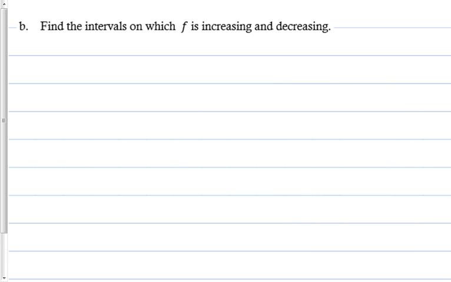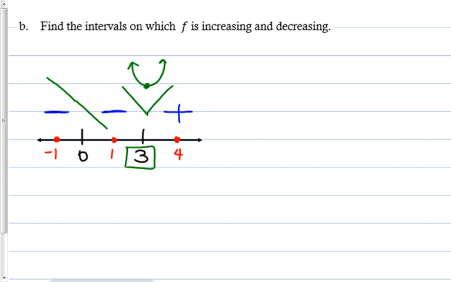B, find the intervals on which f is increasing and decreasing. Now the thing with B is, I actually need the sign chart from A. So let me copy that. All right, so using my sign chart that I did in A, I can figure out the intervals on which f is increasing and decreasing. From negative infinity to 0, this function is decreasing.